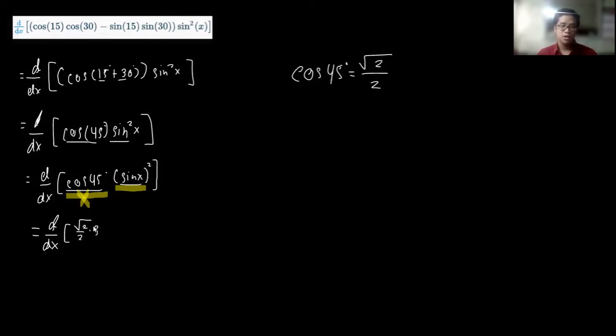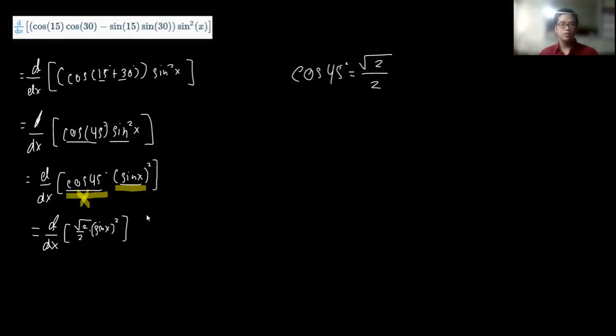And plus, guys, if you recall your trigonometric identities, cosine 45 degrees is equal to square root of 2 over 2. So the constant is square root of 2 over 2 times sine x raised to 2.